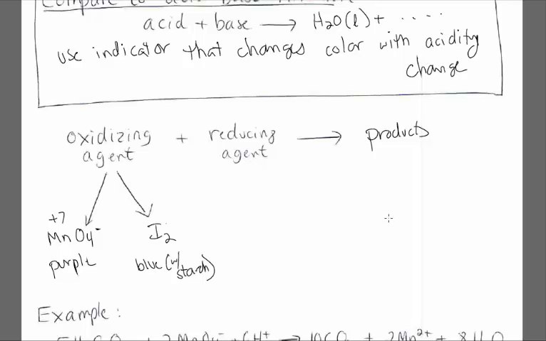And so if your product has some manganese 2+, which is a +2 oxidation number, that would be a change. The iodine is 0 for I2. And if you change it to iodide, that's a -1. So that would be a change and cause a color change.